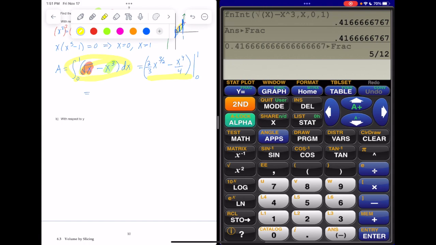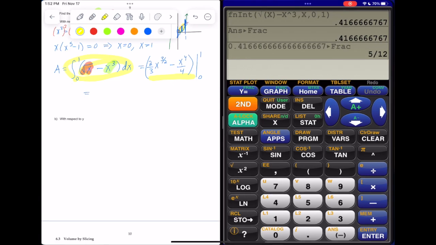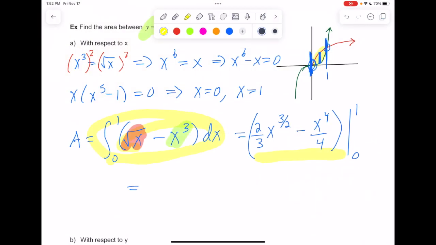It is an approximation method. Apparently this calculator should just be using a higher value of n. I think you'll be okay on your actual TI-84 and not have the problem I've been having where it's not giving you the exact answer and giving you some conversion problems. But it is going to be 5/12, so you could verify that by hand if you want to go work through that.